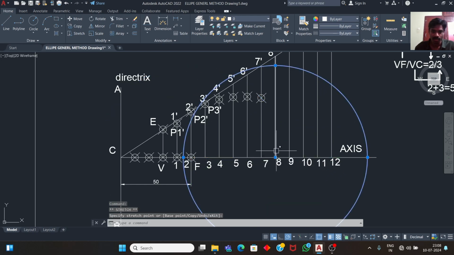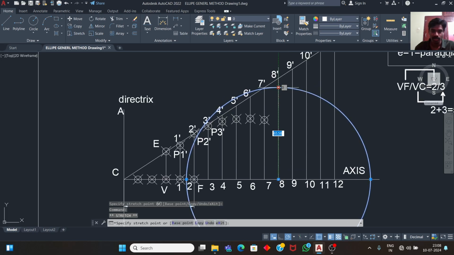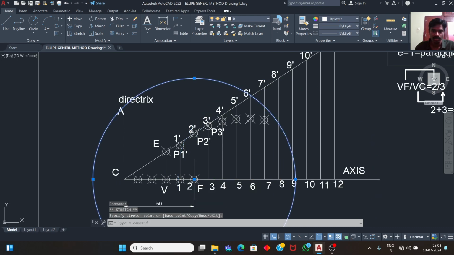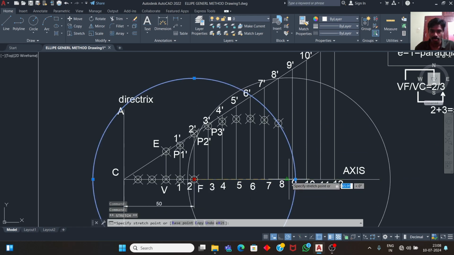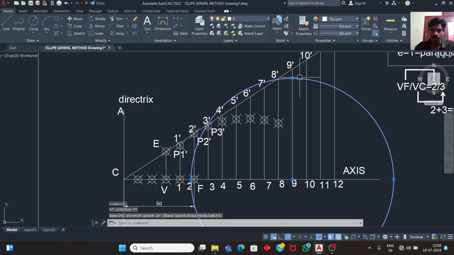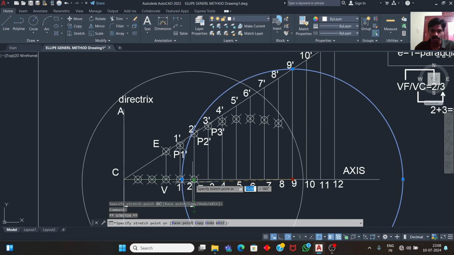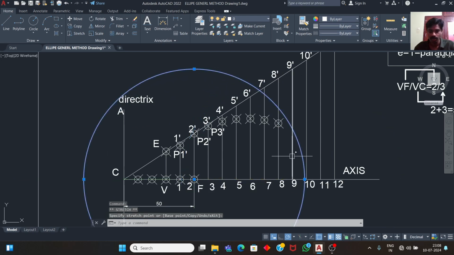Okay, and 8 to 8 dash as the radius, F as the center, and locate another point 8. Also increase the radius 9 to 9 dash, F as the center, locate point 9.